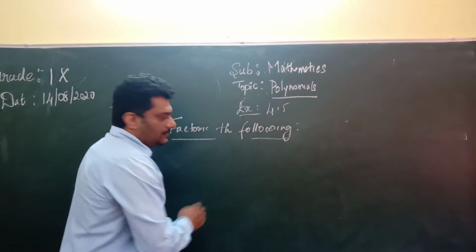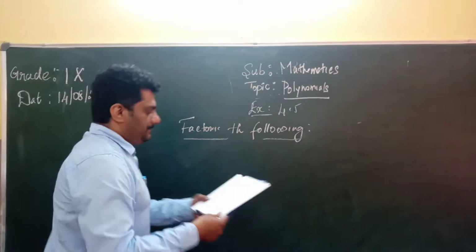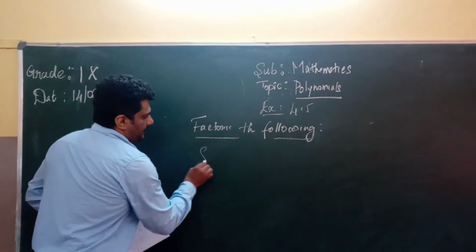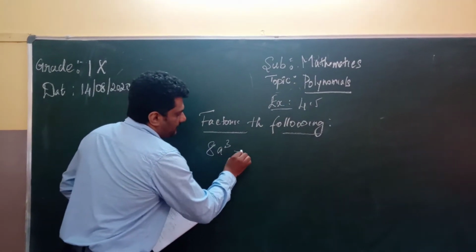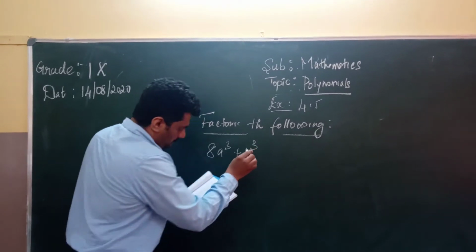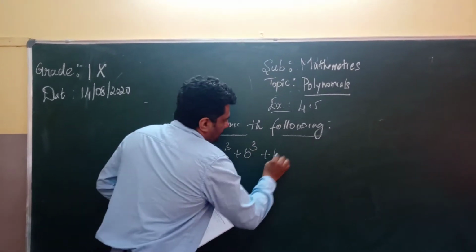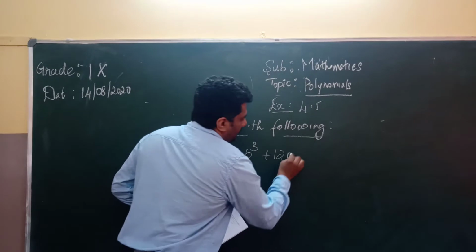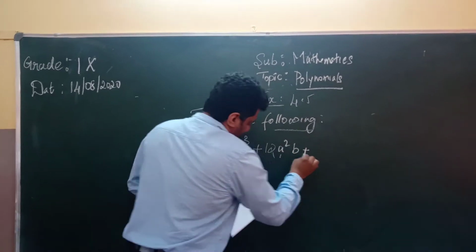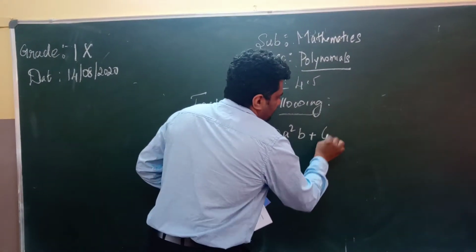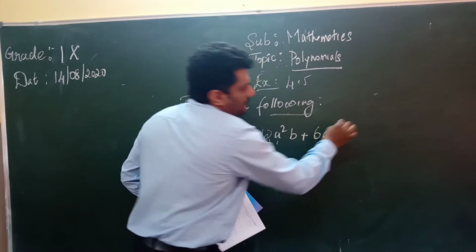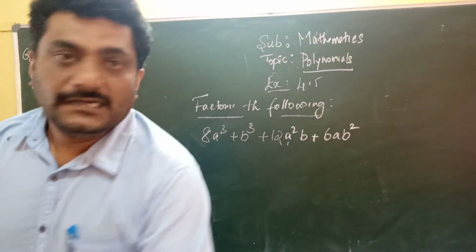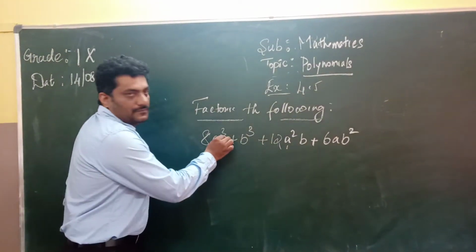For example, the problem is 8a to the power of 3 plus b cube plus 12a square b plus 6ab square. Now if you see here, we have cube.